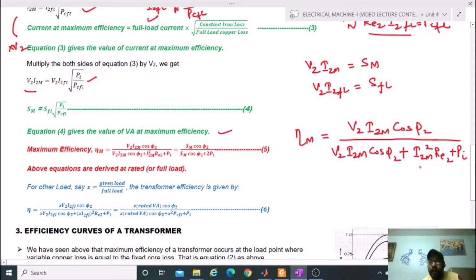Because at maximum efficiency these both are equal, it can be written as 2 into Pi.